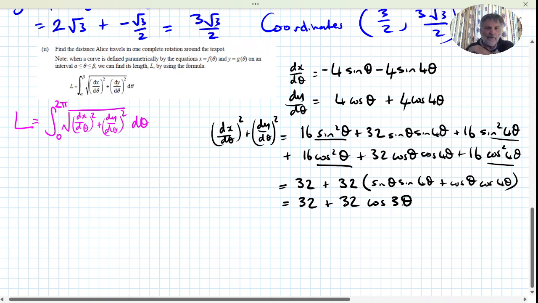And that would be a perfectly acceptable expression, but it's not that helpful at the moment because we have to take the square root of that, and it doesn't look like it's got a nice square root.